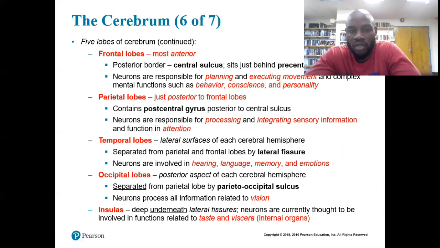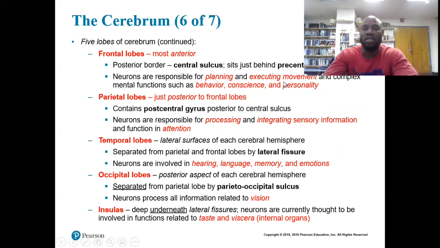Frontal lobe goes up into your central sulcus. Neurons are responsible for planning and executing movement, and mental functions such as behavior, conscience, personality. Parietal lobes, just posterior to the frontal lobe.